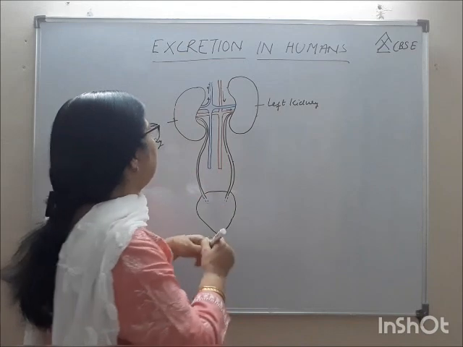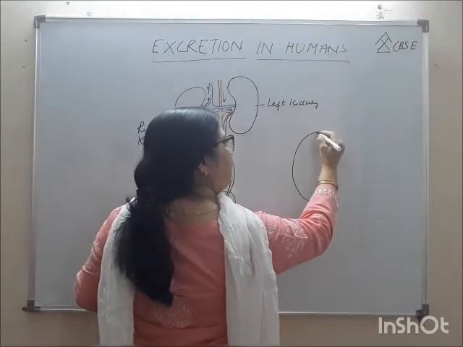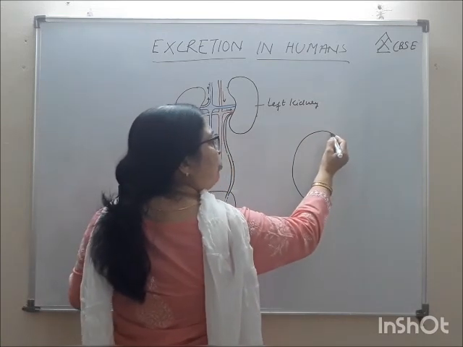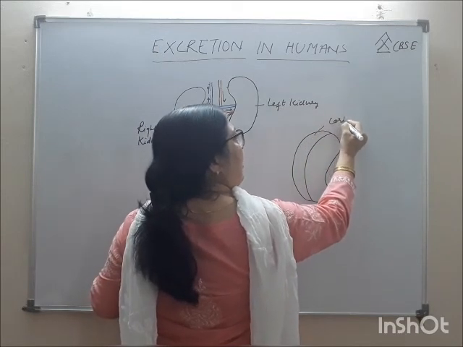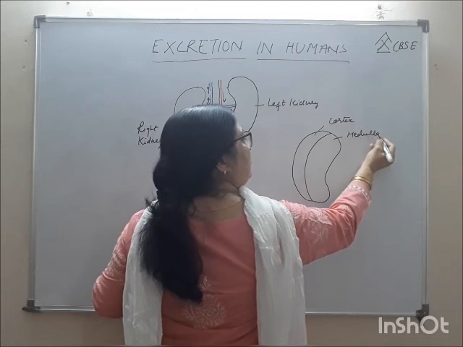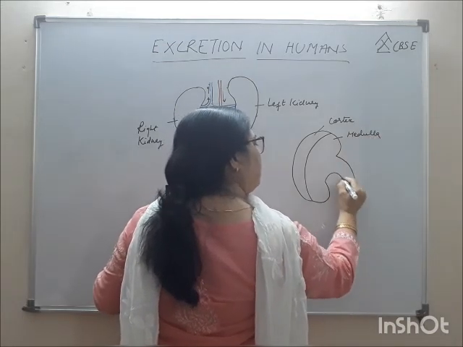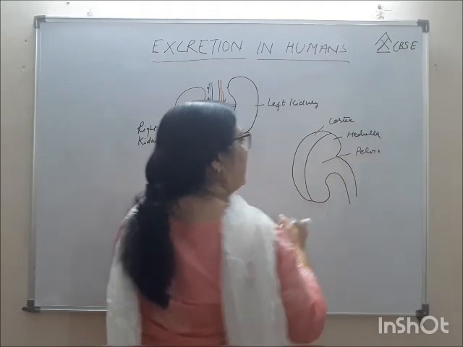If you see, the structure of kidney is like this. This is bean-shaped. The outer part is known as cortex and the inner part is known as medulla. Clear? And this curved part is known as pelvis.